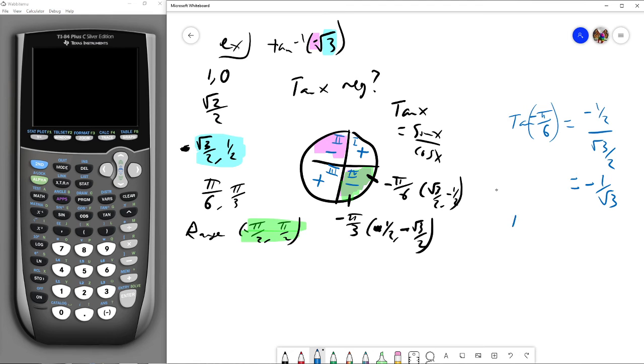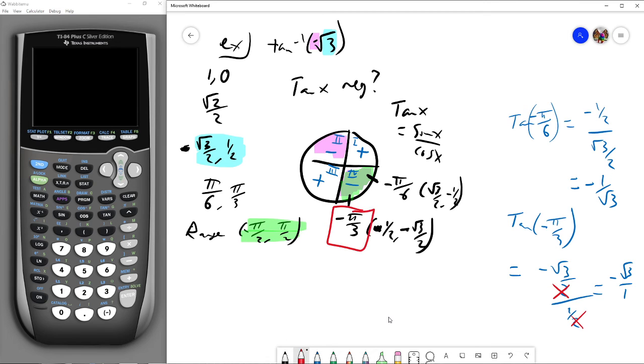So then if we think about tangent of negative pi over 3, well, that's equal to negative root 3 over 2 over a half. And notice these 2's cancel out, leaving you with negative root 3 over 1, which is what we want. So essentially what we're doing is a reverse thinking process.